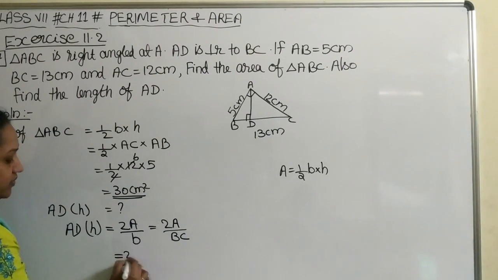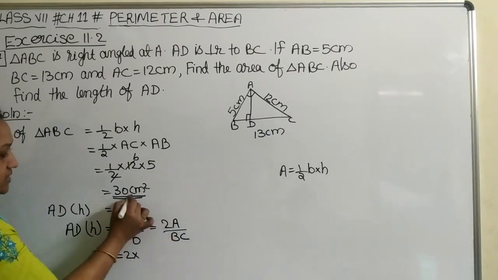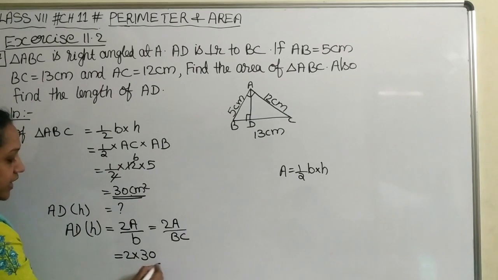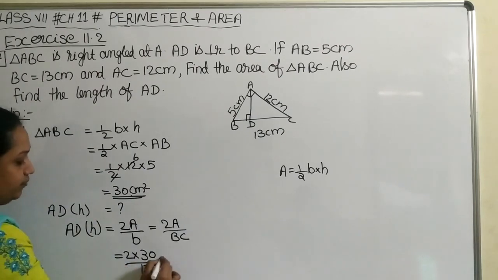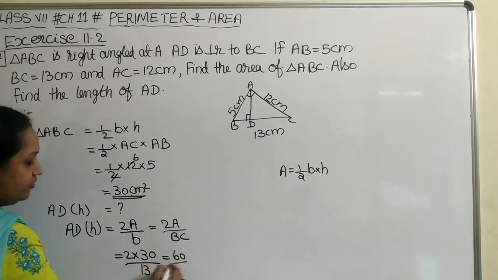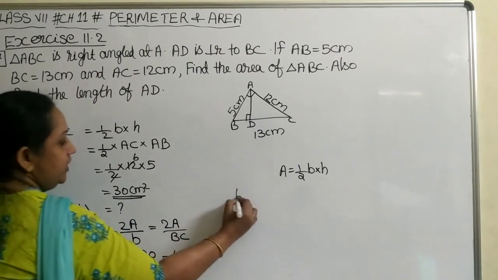Substitute the value, that is 2 into area, 30 centimeter square, divided by 13. So we get 60 divided by 13. We can divide.